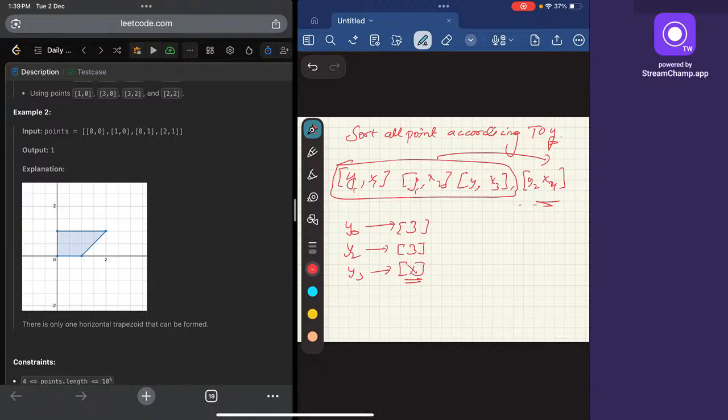So how am I going to answer these queries? I can pick all the y2s and y3s if there are at least 2, so that will make it parallel. And I can also select another point from another y, right? If I have 2 points here, I can select on different y's.